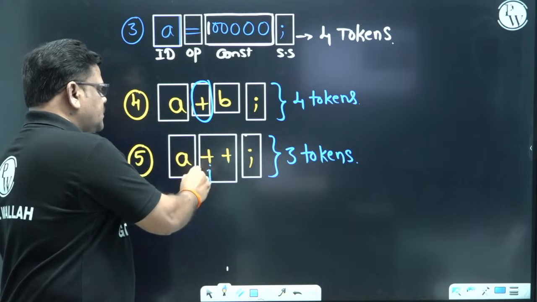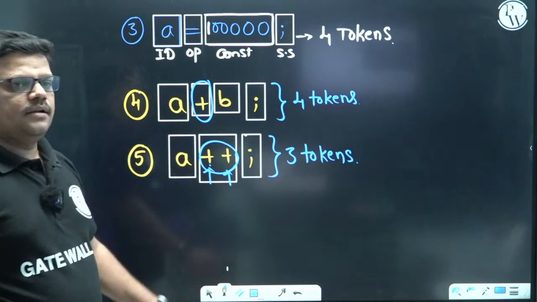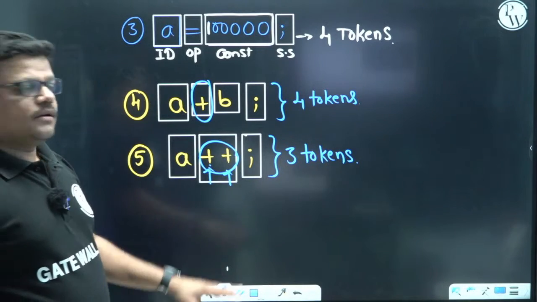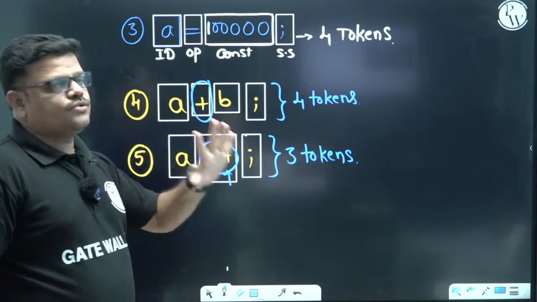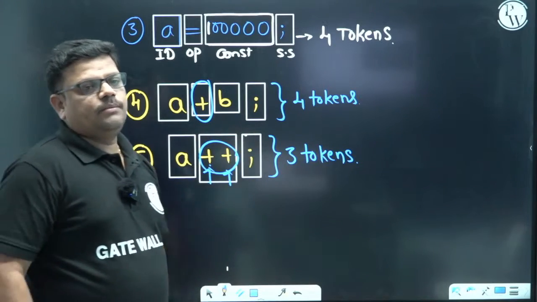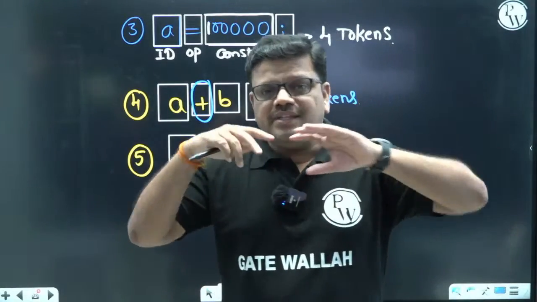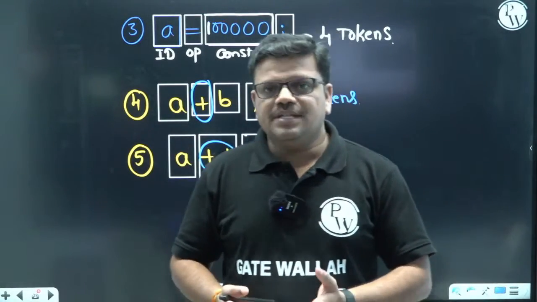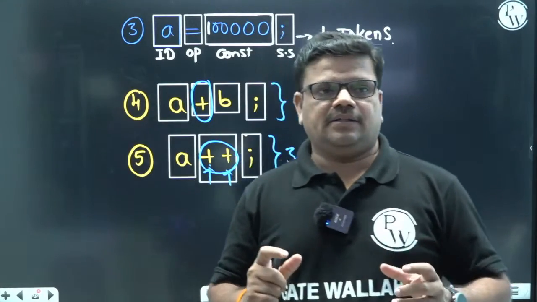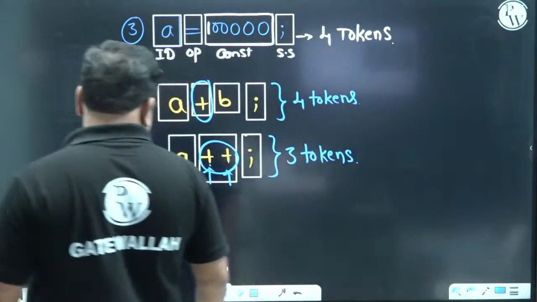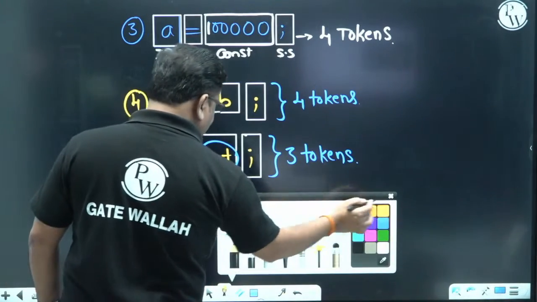Here plus, see the next symbol, plus plus together make a meaningful operator, so this also comes under one token. So this is one token, this is also one token. Based on this, a total of 3 tokens will be produced by the lexical analyzer. These types of questions on token generation we can expect in the GATE exam. Okay, right. Assume I have any program statement like this.